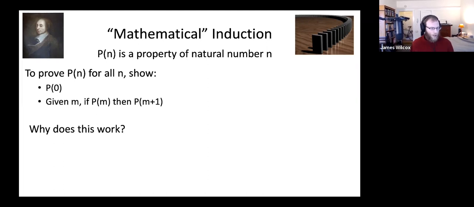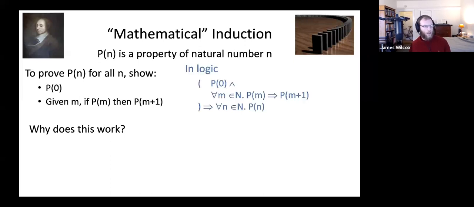So in logic, if you wanted to write down these 2 steps in a logical formula, you might say that you have to show that P of 0 is true, and for all m, P of m implies P of m plus 1, and those 2 things together imply that for all n, P of n. All right, so that's mathematical induction.